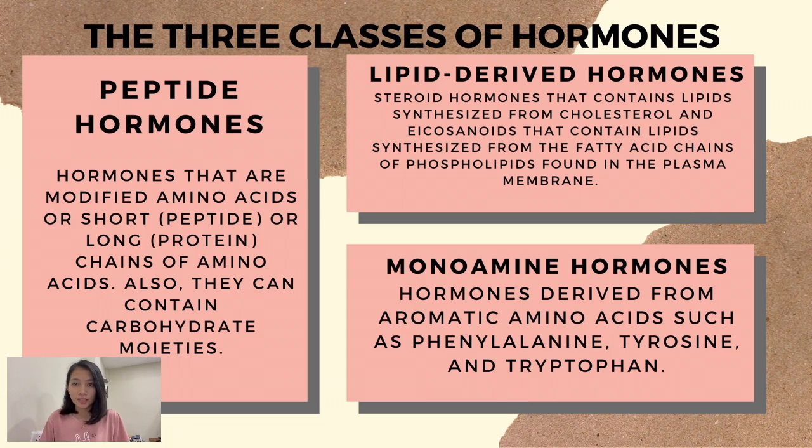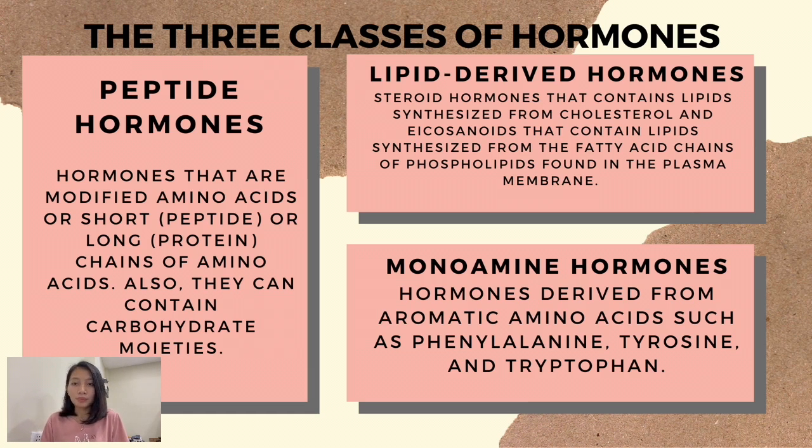Let us now discuss the three classes of hormones, which are the peptide hormones, lipid-derived hormones, and monoamine hormones. The peptide hormones are modified amino acids or short or long chains of amino acids. Also, they can contain carbohydrate moieties.